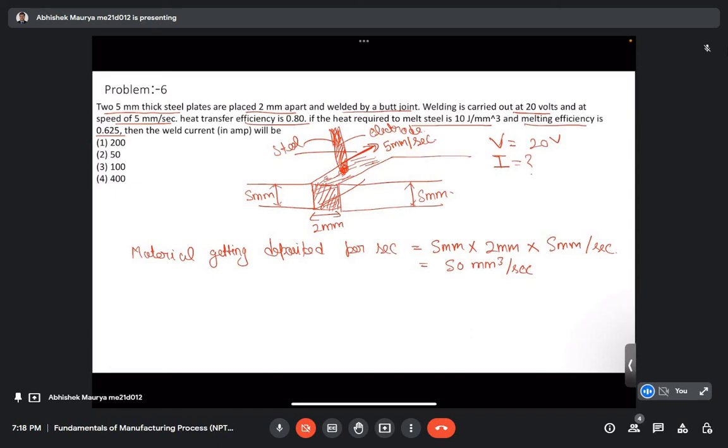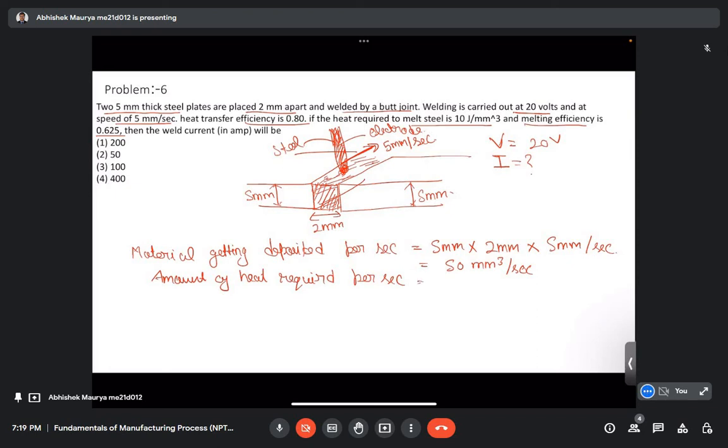So let's try to find out how much heat energy is required in order to melt this much material per second. So let's find the amount of heat required per second in order to melt this much material.